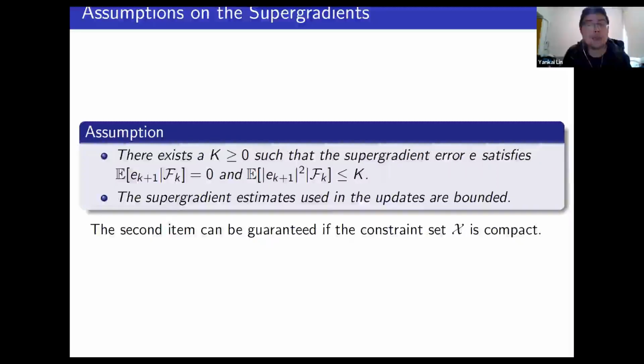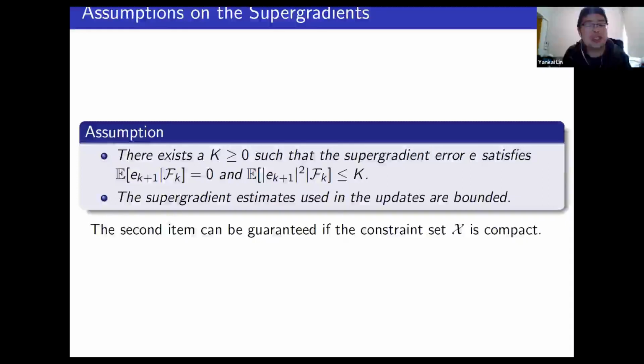So in our case, combined with other assumptions, it turned out that if you can guarantee that the supergradient estimates are bounded, then we can get that the iterations are also bounded. It's not a straightforward result, but combined with other assumptions, we can show that. So that's why we need the assumption here. It's essentially to guarantee that the iterations are bounded.